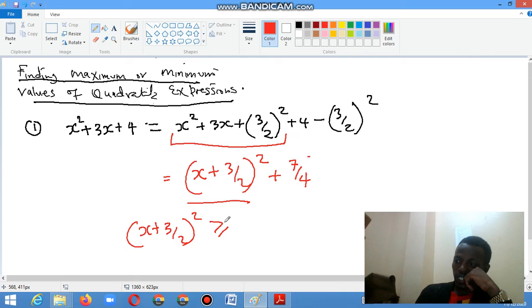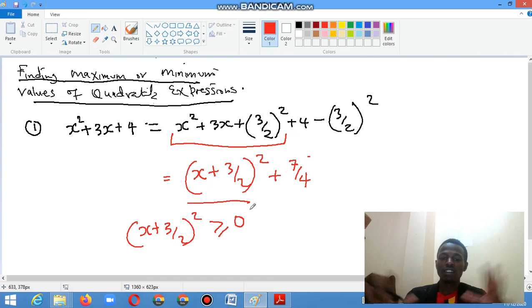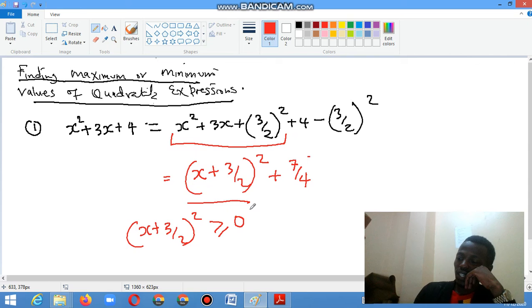That implies that it is greater than or equal to 0. So this means it can either be 0 or any value above that. Thus, x squared plus 3x plus 4 is always positive.